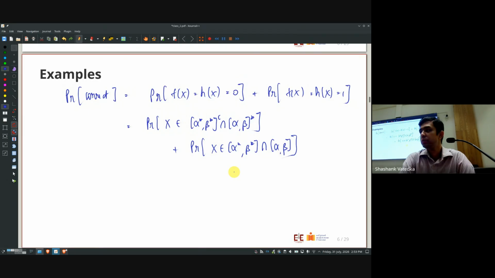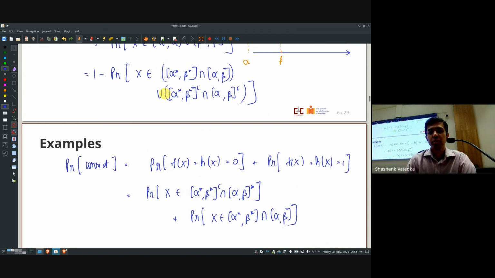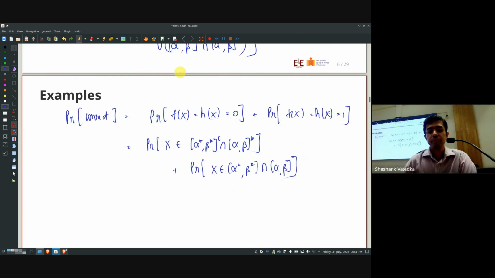Right? Any questions? Okay, which is essentially the same as what I had over here, except that you can write this union as a sum because they're actually mutually exclusive events. Right, so this is the probability that the classification is correct.